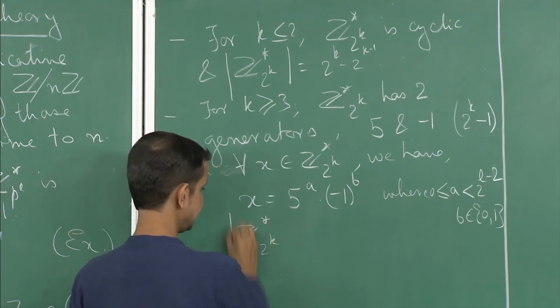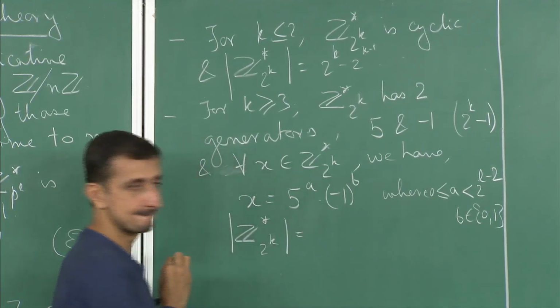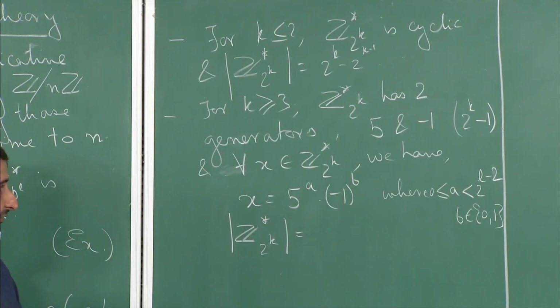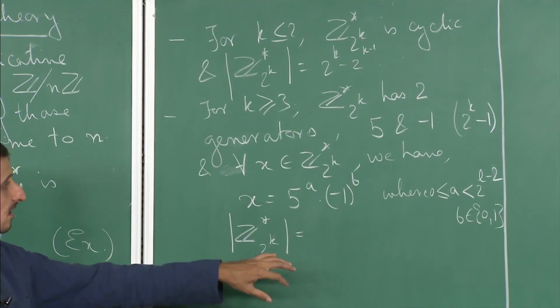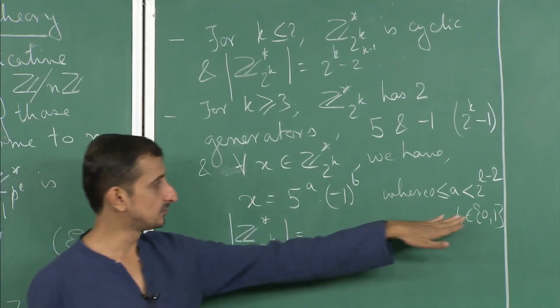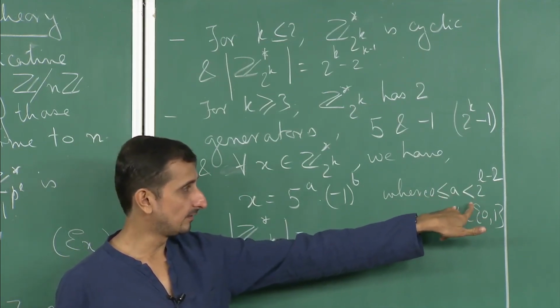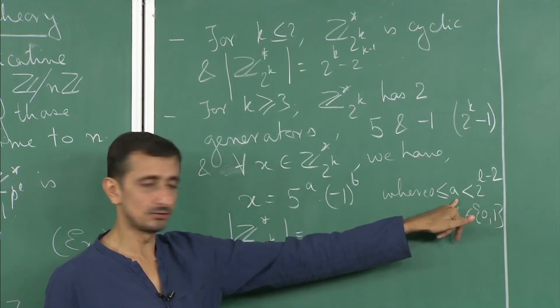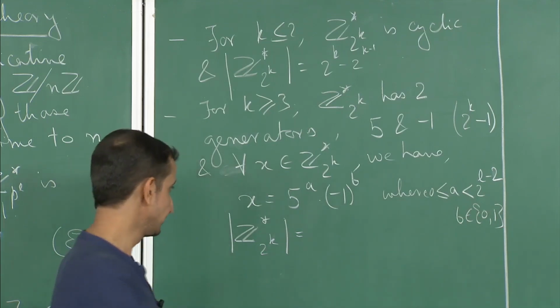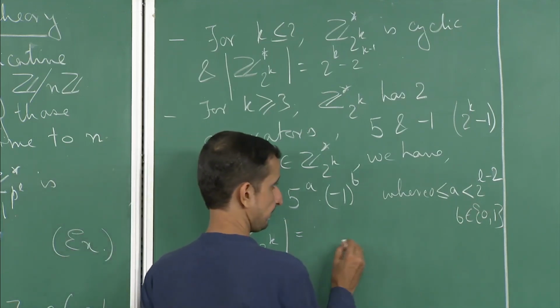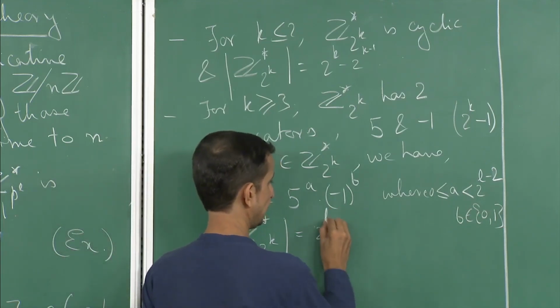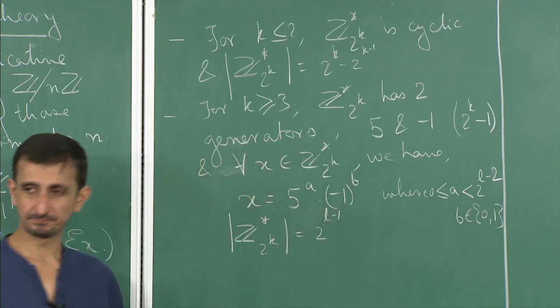Can you tell me what the size is? All these elements will be distinct. Here I have 2 to the power k minus 2 different values of a and 2 values of b, so it is 2 to the power k minus 1.